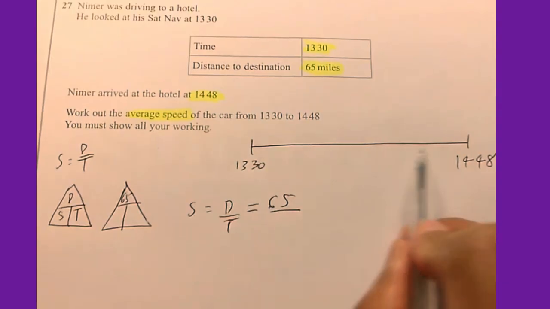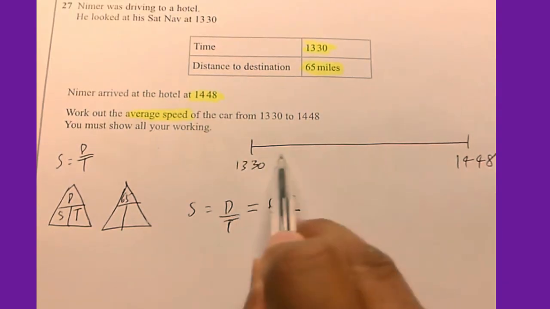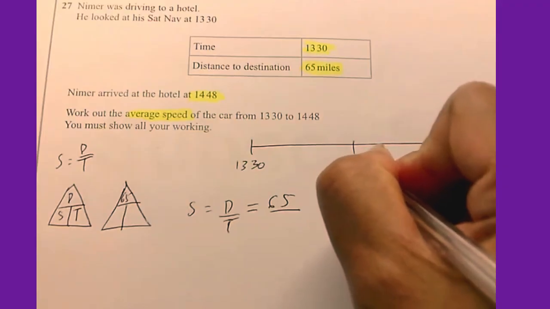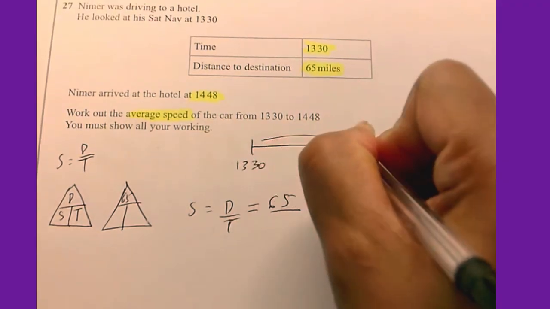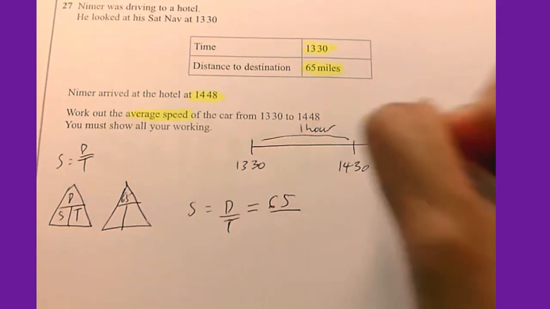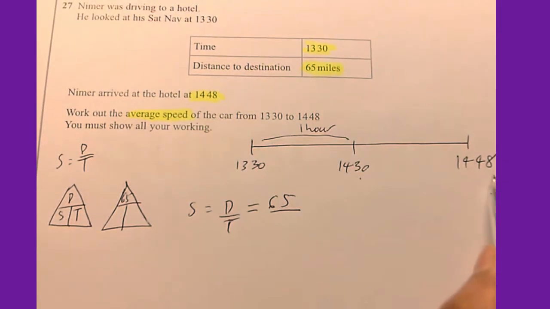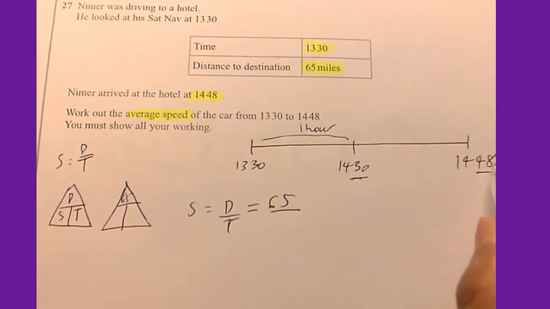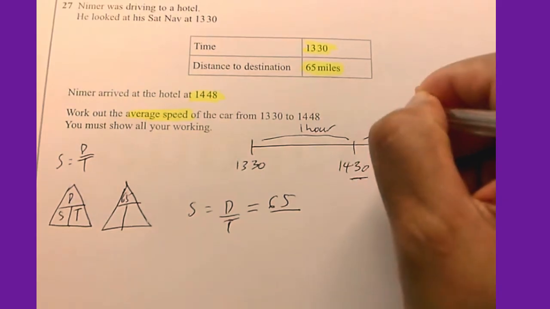Okay, so I need to work out the time here. I'm using a timeline. So if I add an hour, 14:30, that's 1 hour. And then I'm going from 30 to 48. So I'm adding 30 plus 10 is 40, add another 8, so that's 18 minutes.